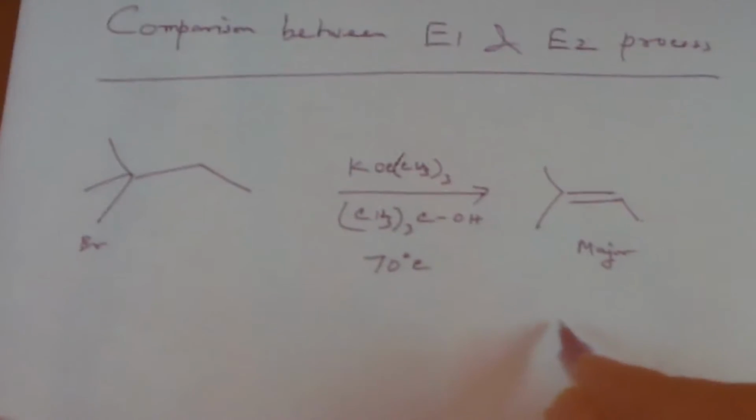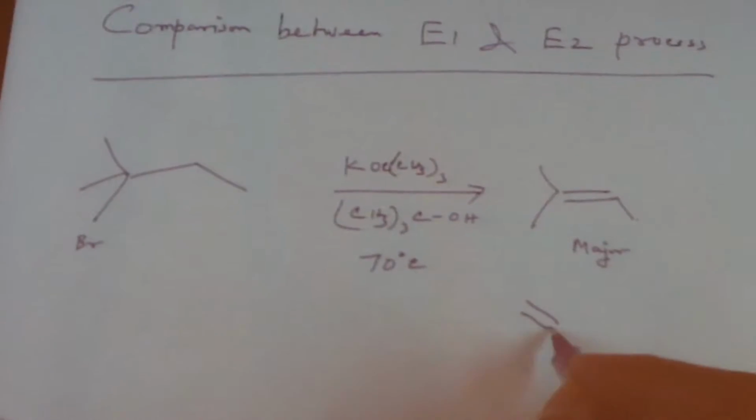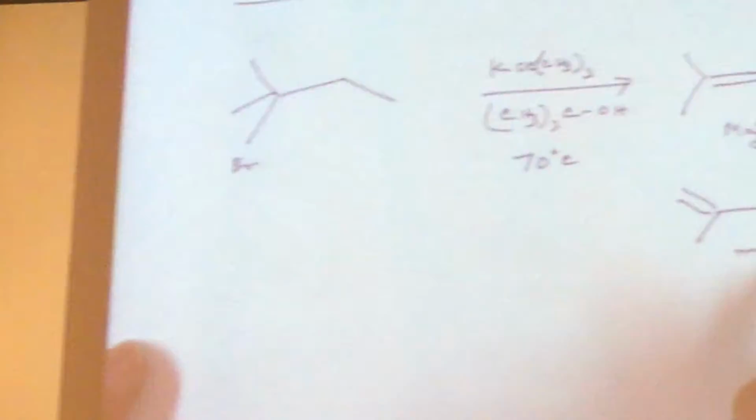And then you also get a minor product where the double bond is terminal. So this is roughly about 75% and 25%.